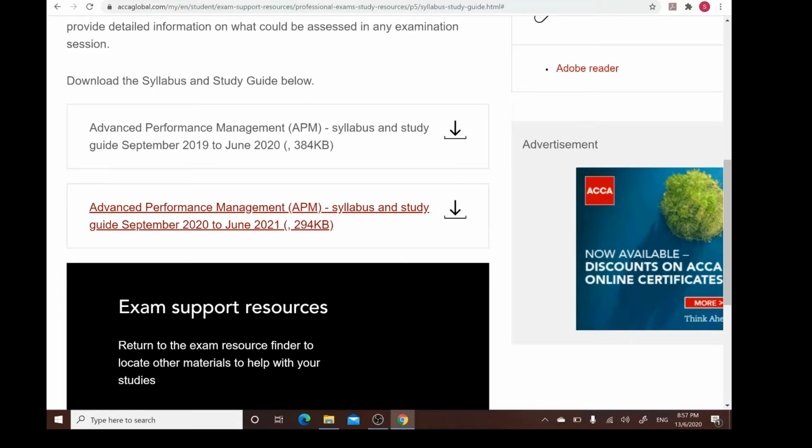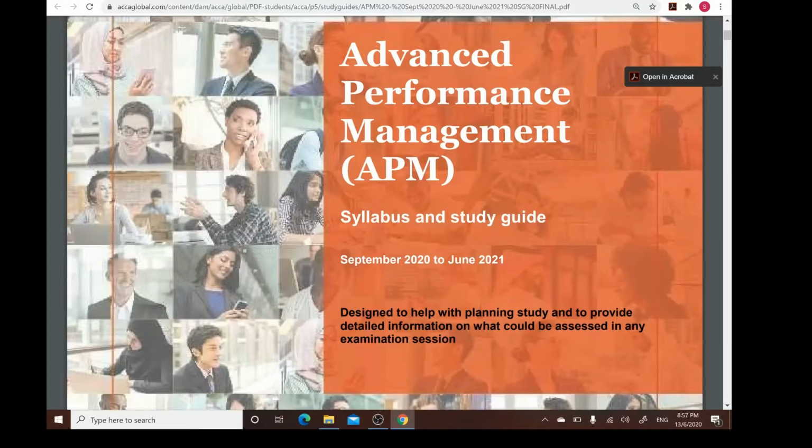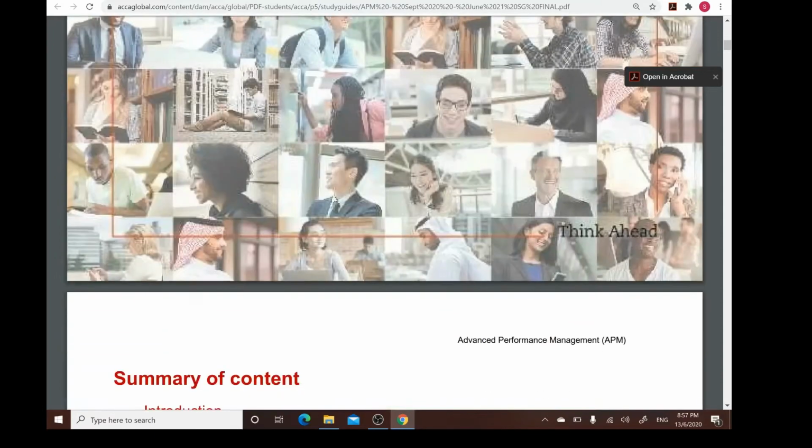Try to download one and you will see this here. This is the syllabus guide that is suitable for your own reference, and it runs all the way to June 2021.